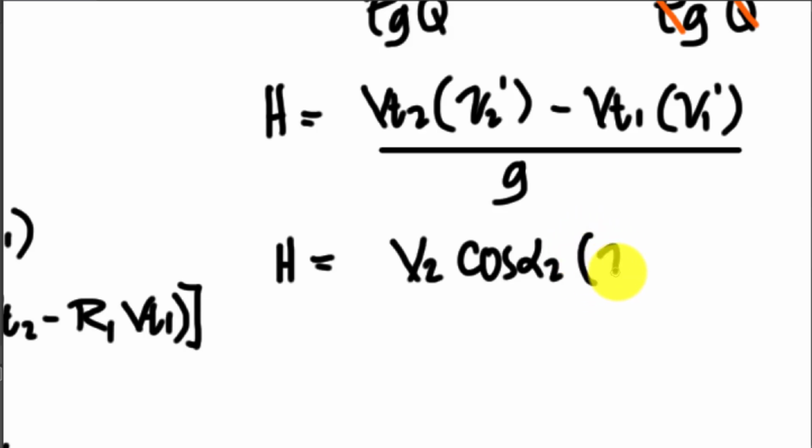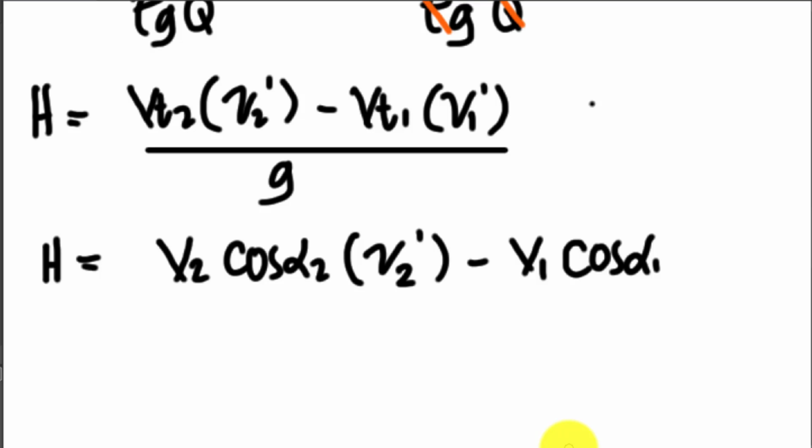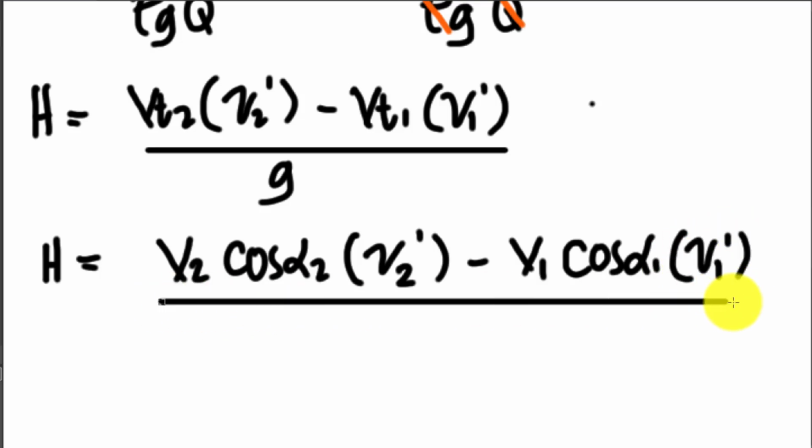This is multiplied by the velocity of the vane 2, and minus my absolute velocity 1 times my cosine of alpha 1. And this is multiplied with your velocity prime, and all over divided by the gravity.